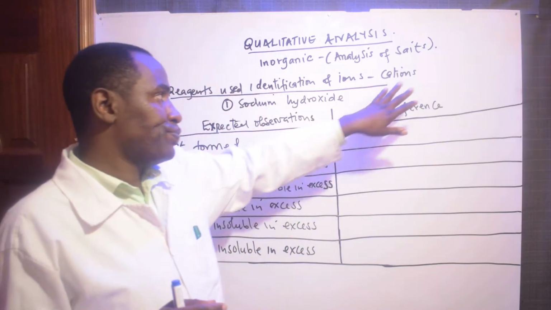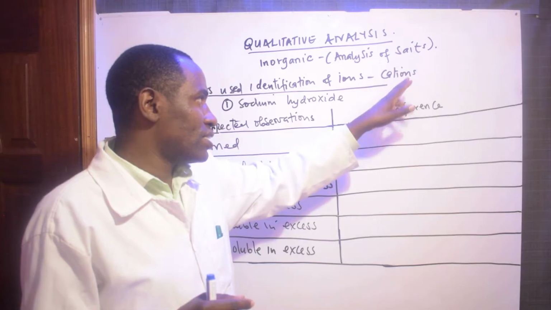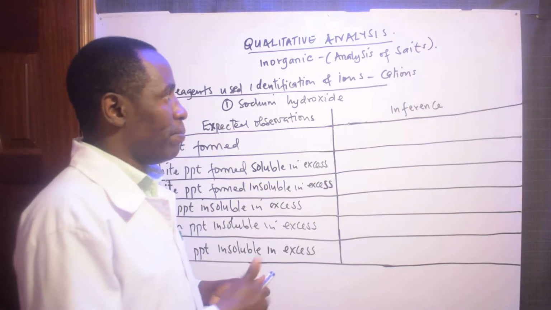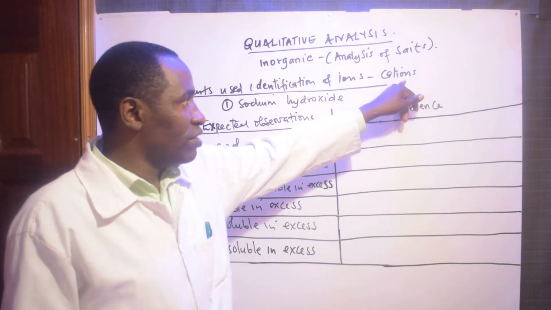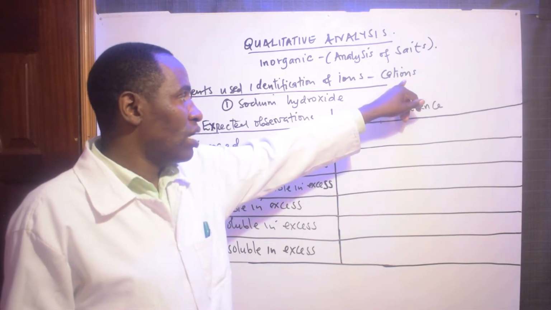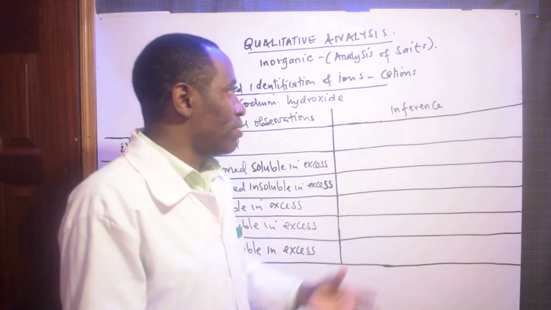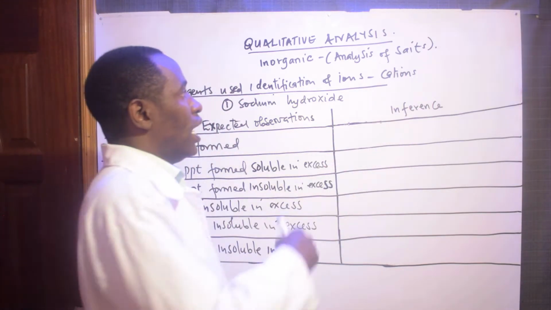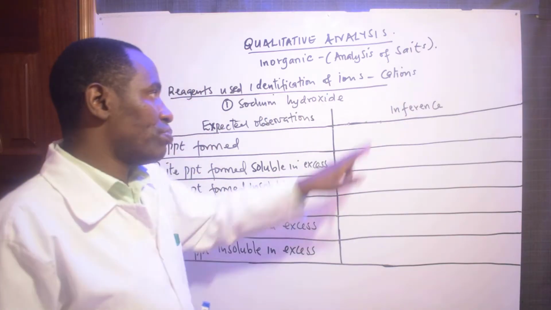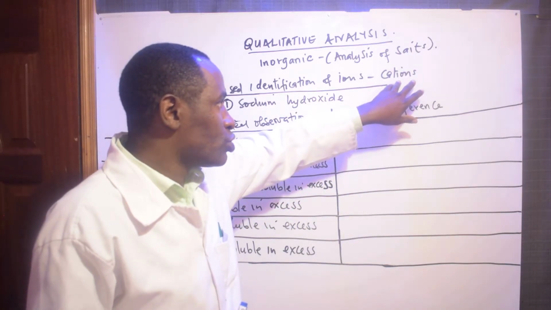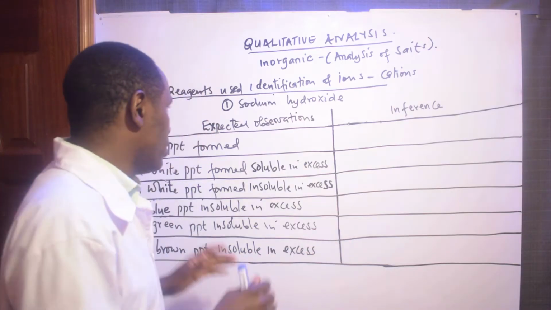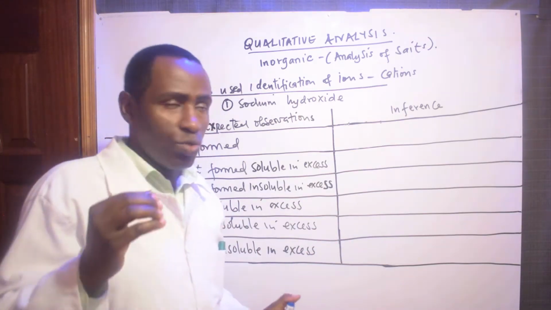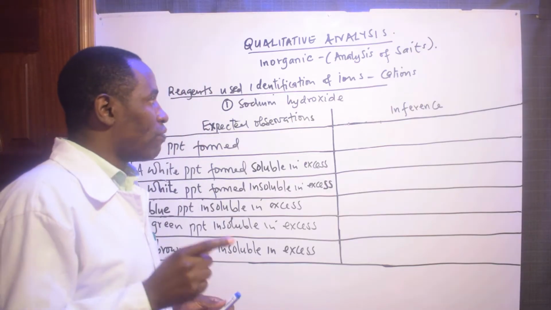In Form 2 we see that this cation could be a metal, obtained from a metal or a base, or it can also be an ammonium ion. Later I'll also talk about how we can identify the anions. In my first series, I want to take you through some of the reagents that we use in the identification of cations.